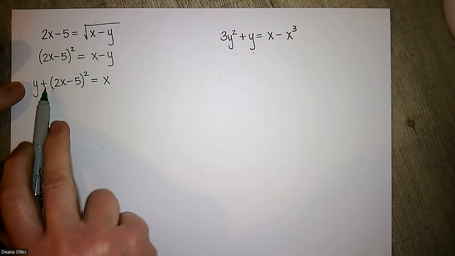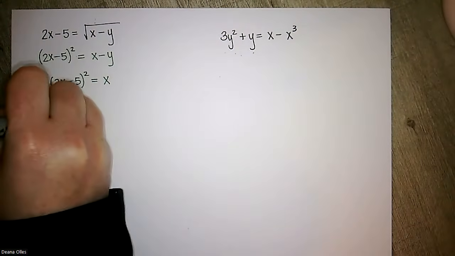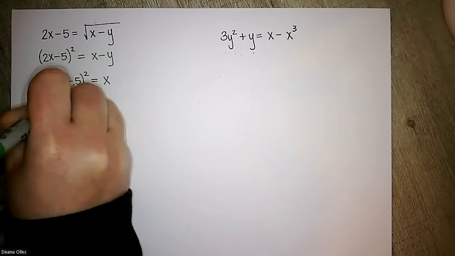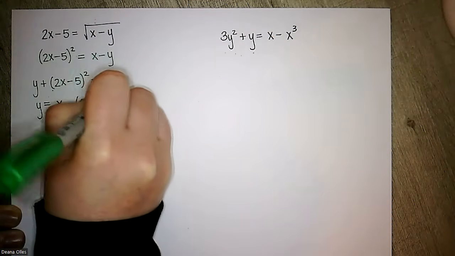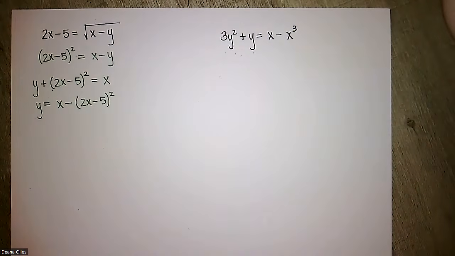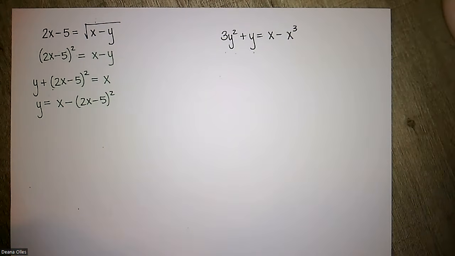now I have y plus the quantity 2x minus 5 squared equals x. And if I'm trying to isolate y, I can just subtract that squared term over to the other side. So I have y equals x minus 2x minus 5 quantity squared. Now, I don't have to go any further to realize that, yes, this is going to be an explicit function of x here. If you did want to go a little bit further, you could multiply this out, but what you'll end up getting is a quadratic function.